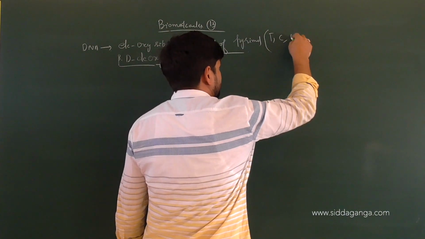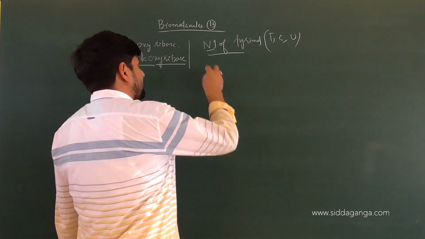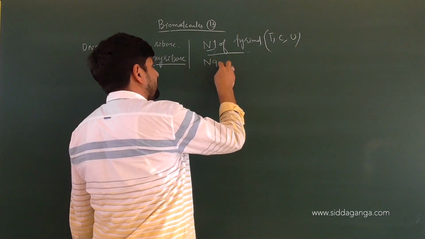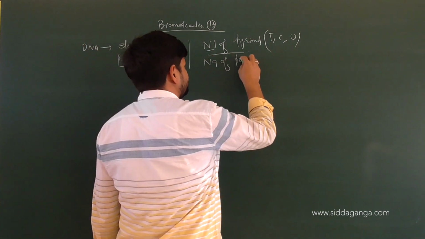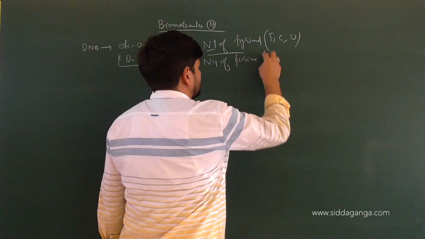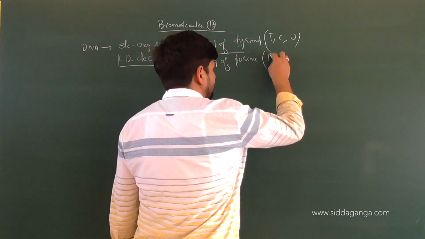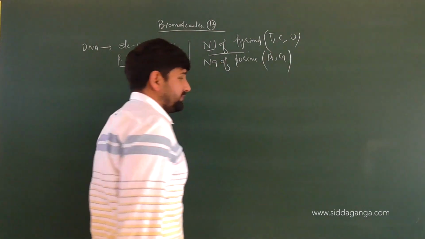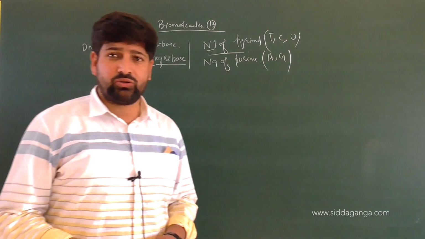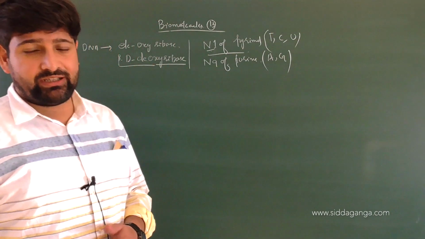Thymine, cytosine and uracil. And N9 of purine. And what are the purine bases we have? Adenine and guanine.